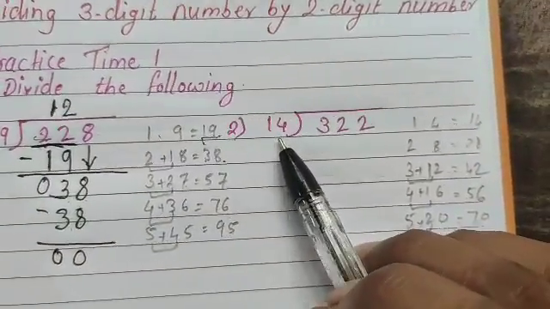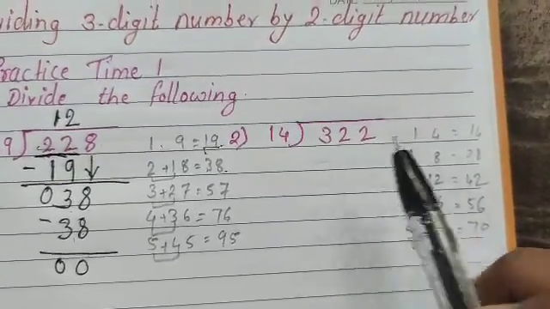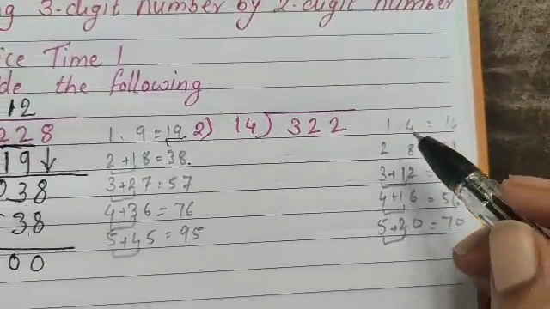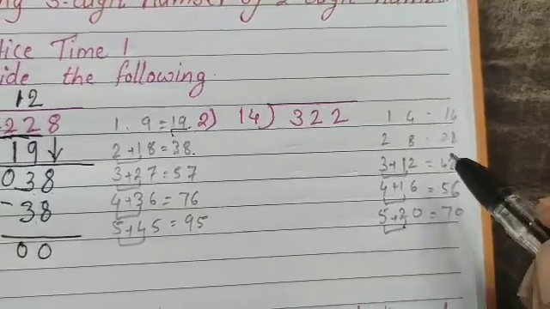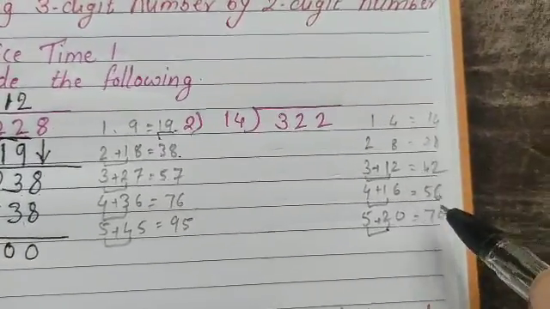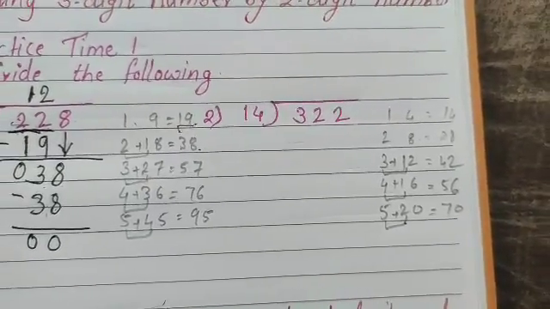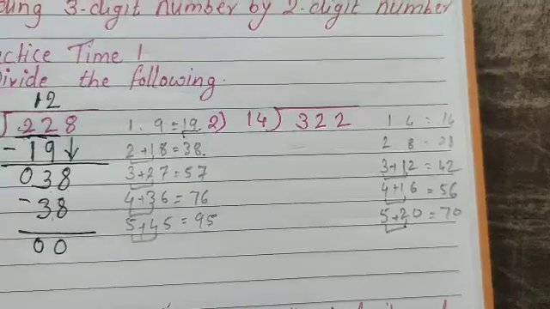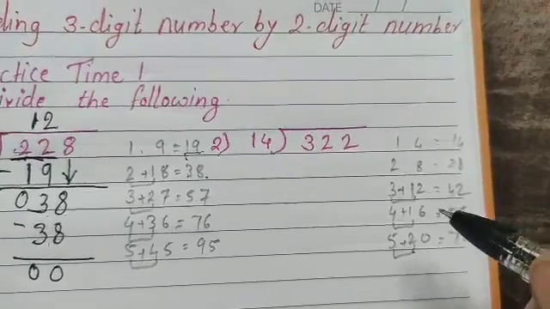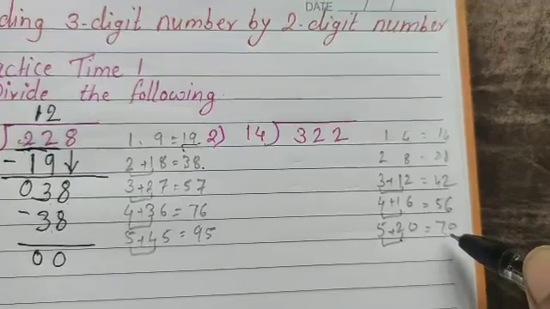Let's divide 322 by 14. So how can we solve it? First of all, I made a 14 table using the trick that I showed you. The 14 table I made till 5.